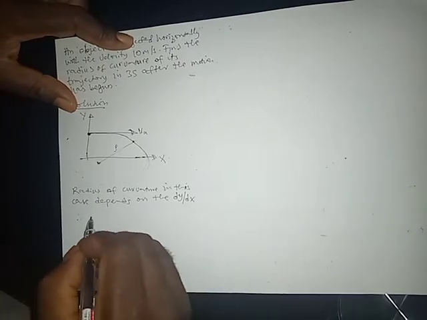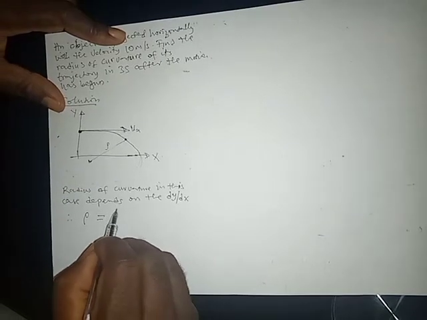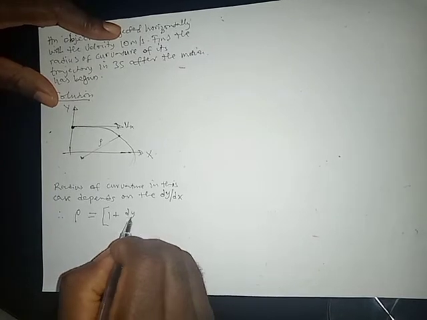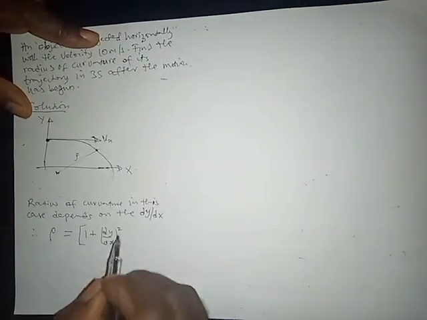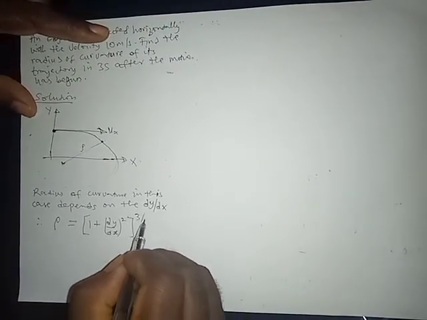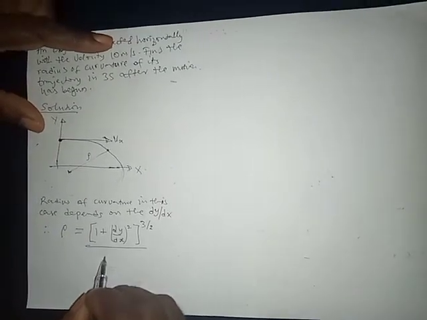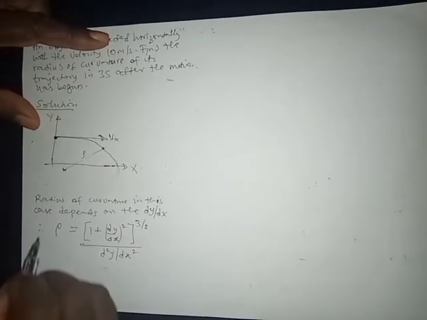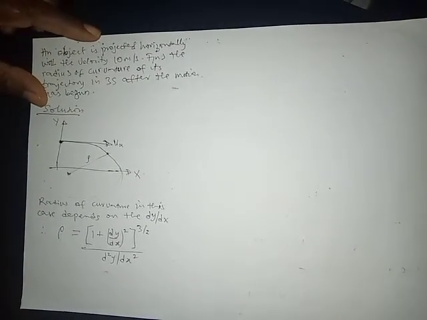Therefore, we can say that this rho is equal to (1 plus (dy/dx) squared) raised to power 3 over 2, divided by d squared y by dx squared. So that is the formula that we will use to calculate the radius of curvature.